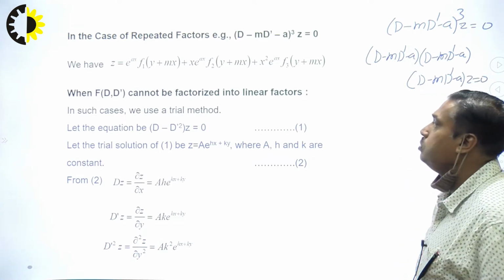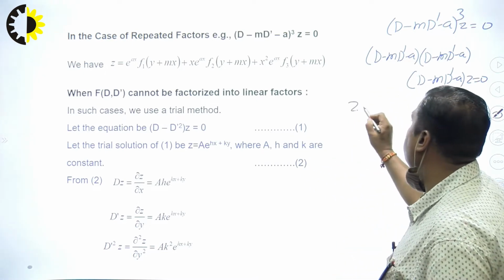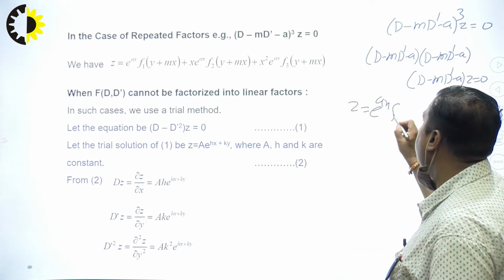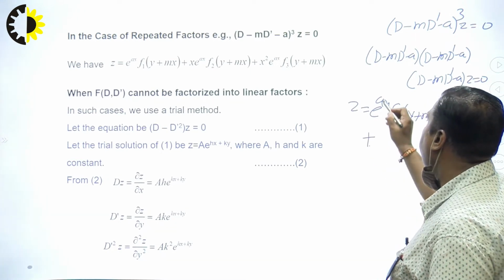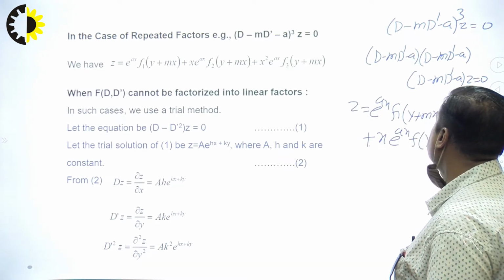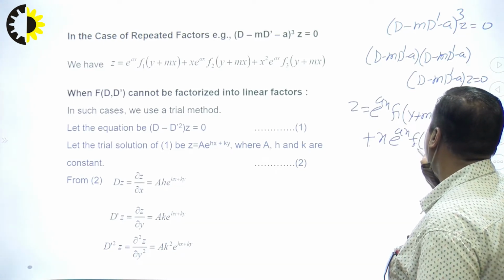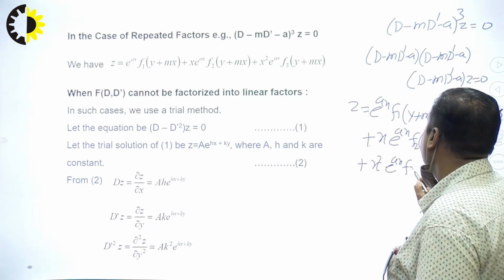Three repeated values. Therefore, the solution is taken as z is equal to e to the power ax f1(y plus mx) for the first factor, and on multiplication by x, e to the power ax f2(y plus mx) for the other, and plus x square e to the power ax f3(y plus mx).